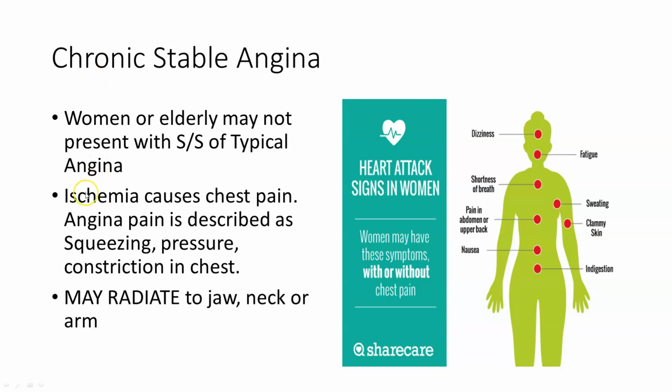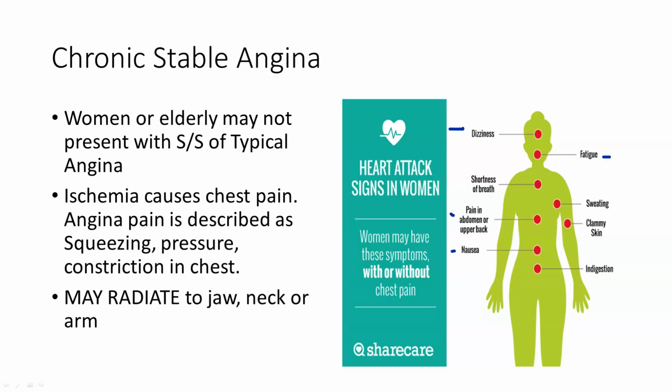So we've talked about typical and atypical. So women and elderly may not present with typical signs and symptoms of angina. What I want us to think about are our perfusion and our respiratory words. Changes in LOC, you're dizzy, can't quite catch your breath, you have fatigue, you can have pain in the abdomen or the back.